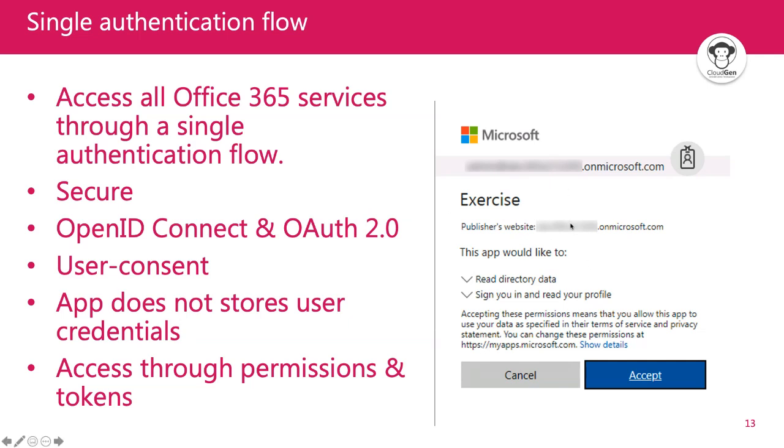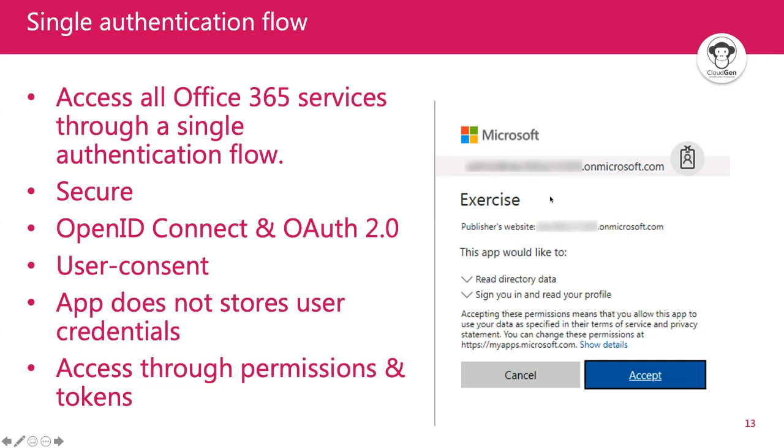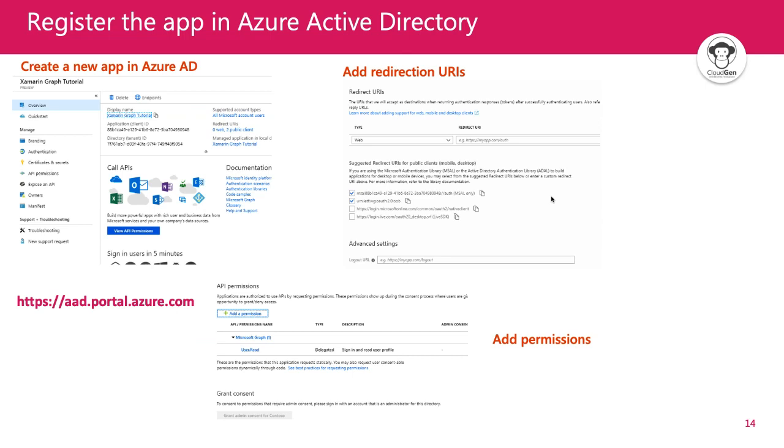When this authentication finishes, we developers, or our application, get a token, the result of this permission acceptance or not. And everything is under a secure environment. How can we have our mobile application get this kind of authentication flow? Well, we have to go to the Azure Active Directory and register our application.